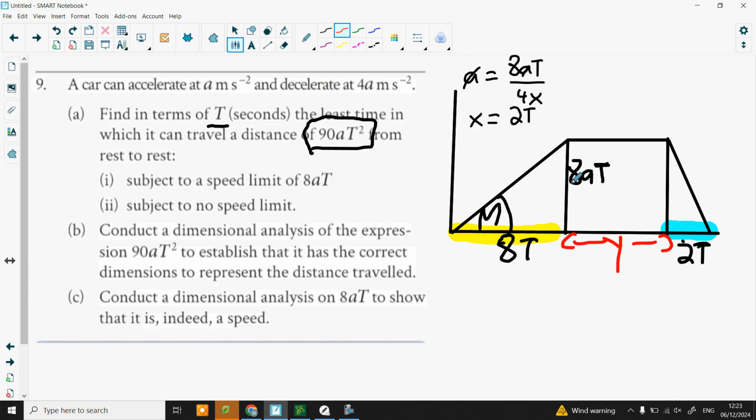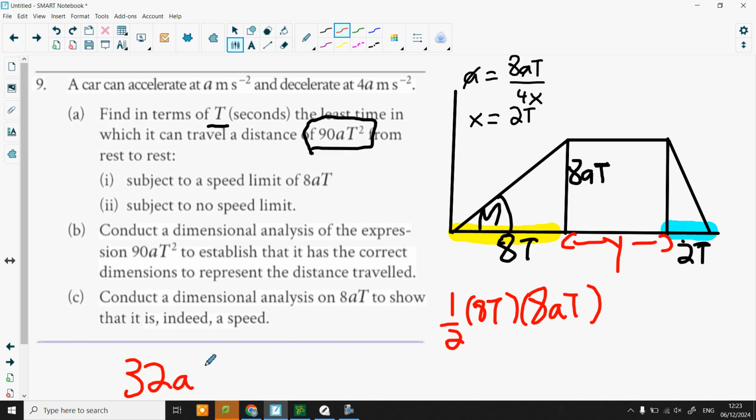Now, area of the first one, guys, what do we think? Half AT by 8 AT through 2 AT squared. Okay. What about the area of the last one? A half.